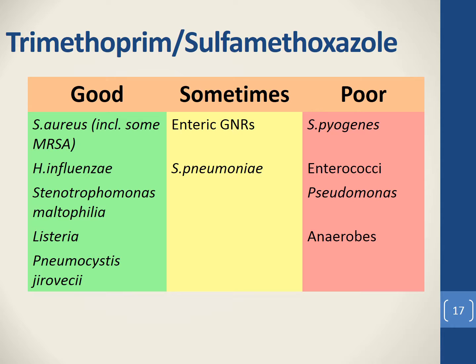It's first line for Stenotrophomonas maltophilia and has good coverage against Pneumocystis, which used to be called Pneumocystis carinii, an opportunistic infection, or PCP pneumonia, essentially. You'll see that it does have poor strep coverage against Strep pyogenes, not good enterococcal coverage, no pseudomonal coverage, and no coverage against anaerobic bacteria.